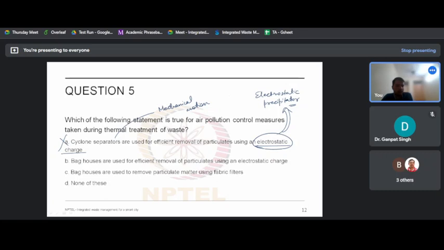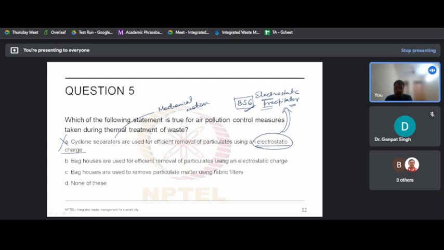Nowadays even vehicles, in the BS6 grade, cars and bikes, must use this electrostatic precipitator to filter out the particulate matter before releasing the fume into the atmosphere. This is a standard that is being used, so you can remember that ESP is also used in cars and bikes nowadays.